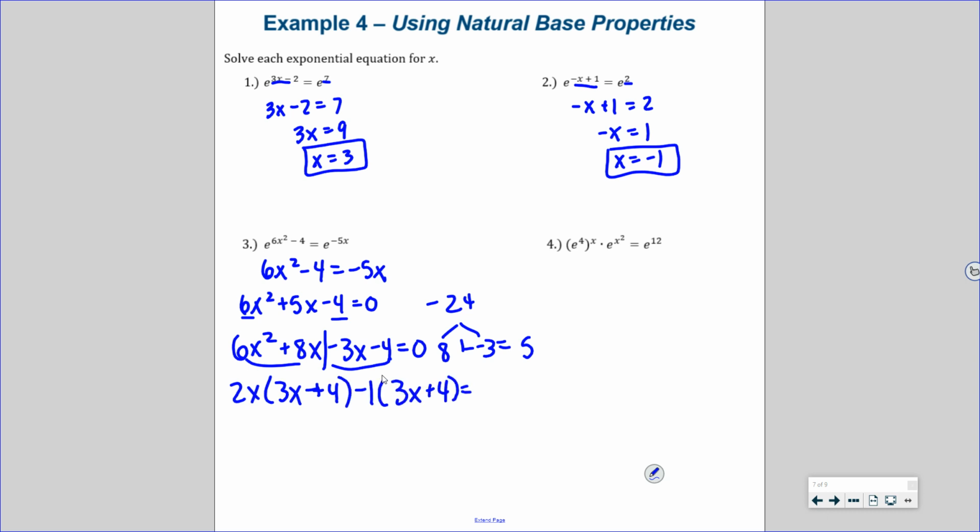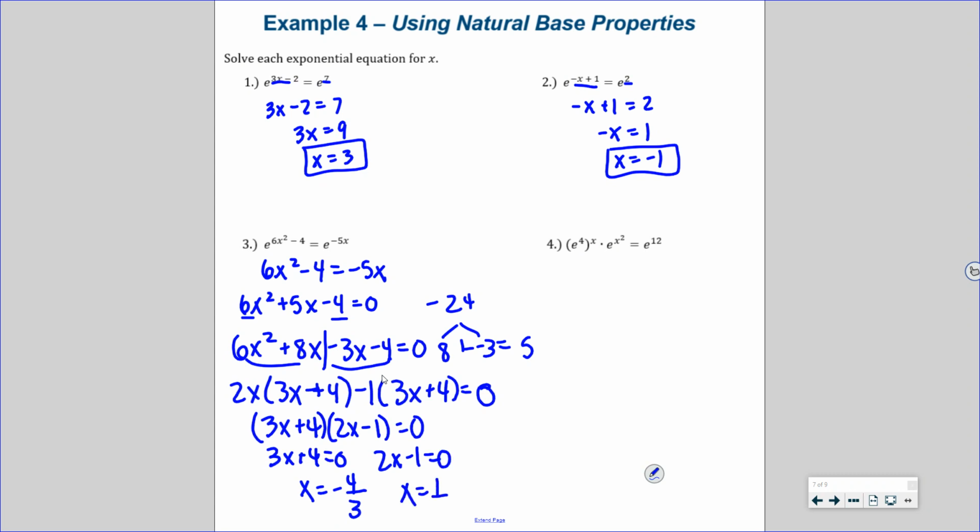Okay, I got this to factor. 3x plus 4, 2x minus 1. Meaning x could be -4/3 and positive 1/2. Okay, we got 2 possible solutions for that one.